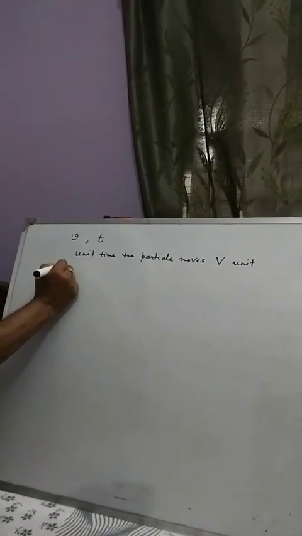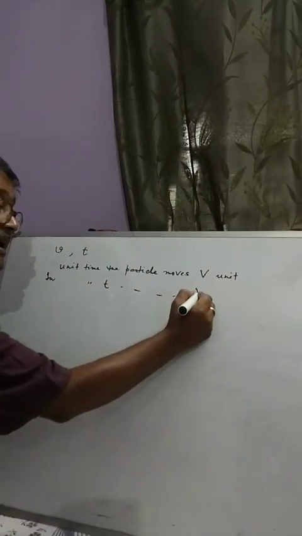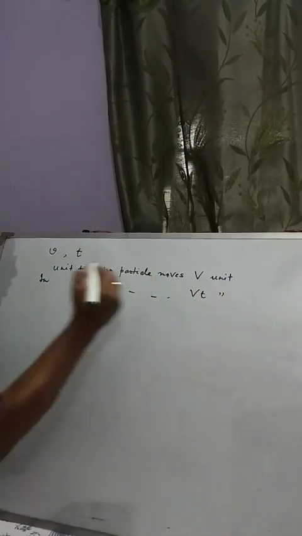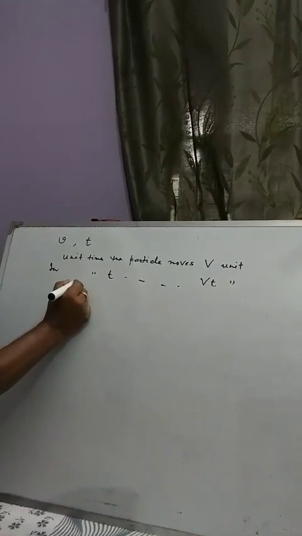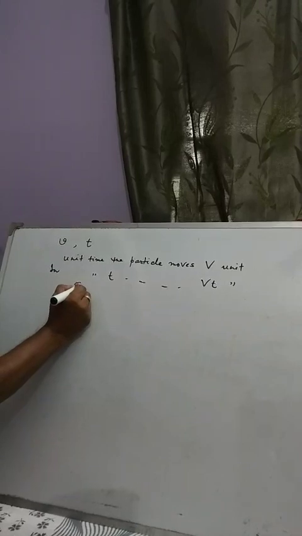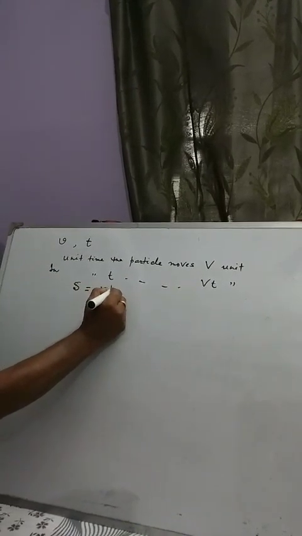In time t, the particle moves vt. So the distance, if we denote by s, then s is equal to vt.